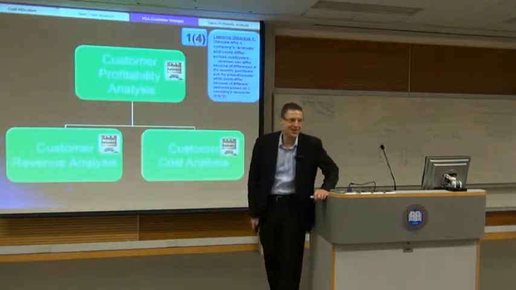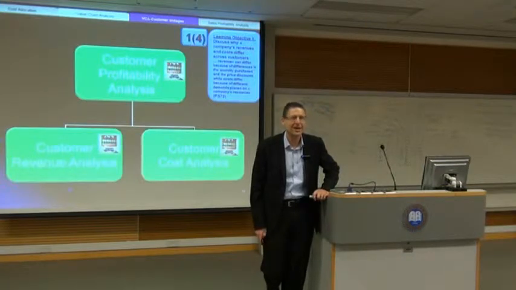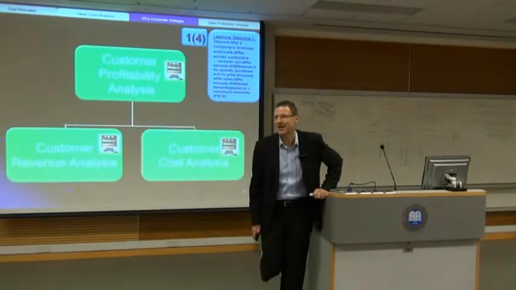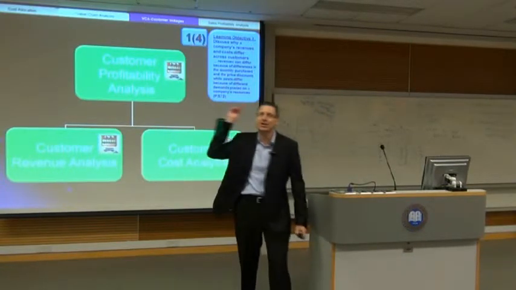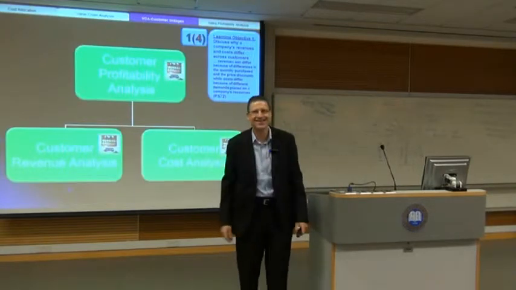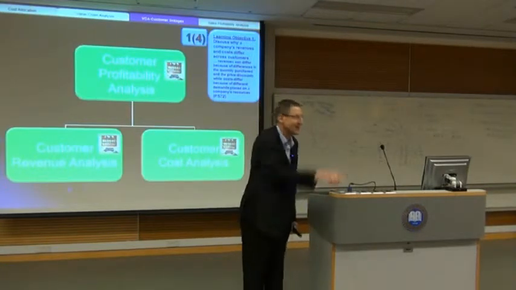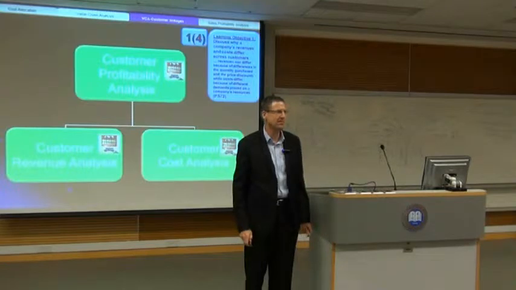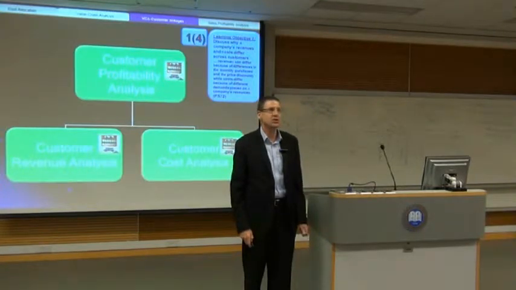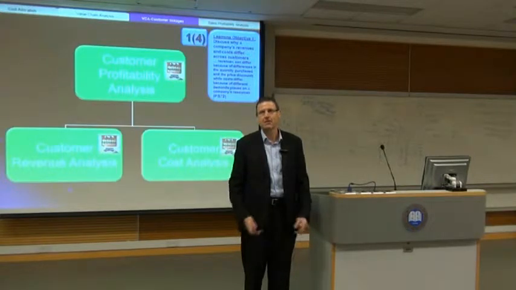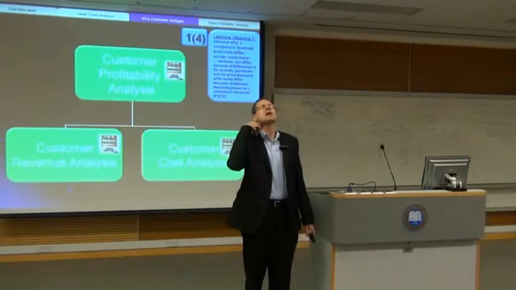Here's our friendly customer. No, they're not friendly. They are resource consuming. They are taking your resources, and some more than others. Seriously. You talk to a lot of managers, you talk to a lot of businesses. They've had it up to here with customers.